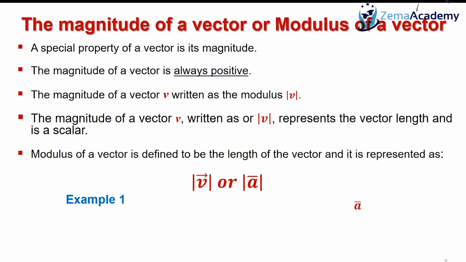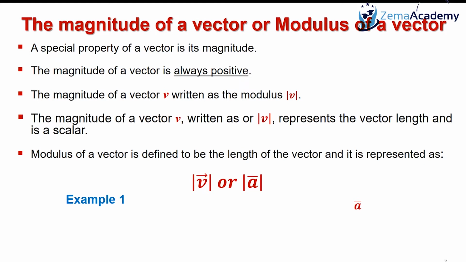I think just to remind you here, you have also used the term modulus or magnitude to find the modulus or magnitude of a complex number. It is similar to what you will do here with the vector.